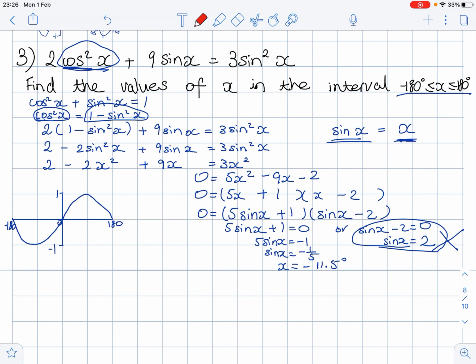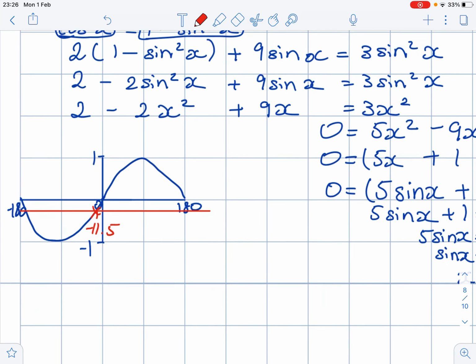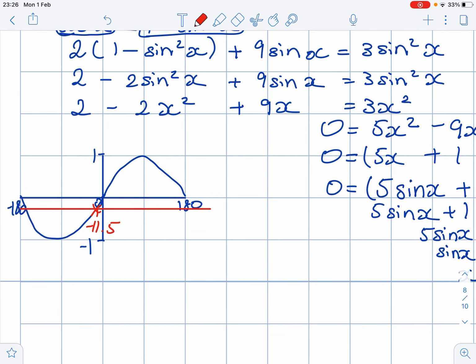Then we look at sin x equals minus 1 over 5. So minus 1 over 5 is approximately here. So we know this first value here is minus 11.5. Just expand our graph a little bit. So we're going from 0 in this direction, 11.5. Again, the symmetrical property.